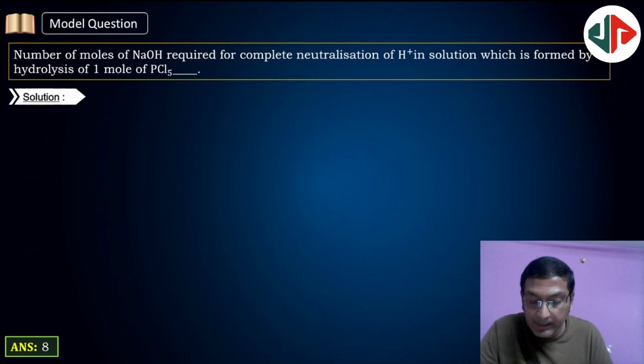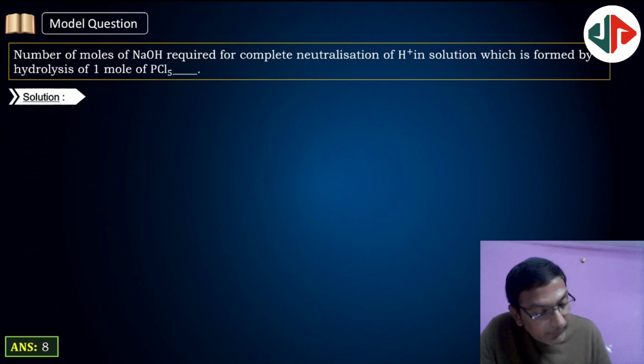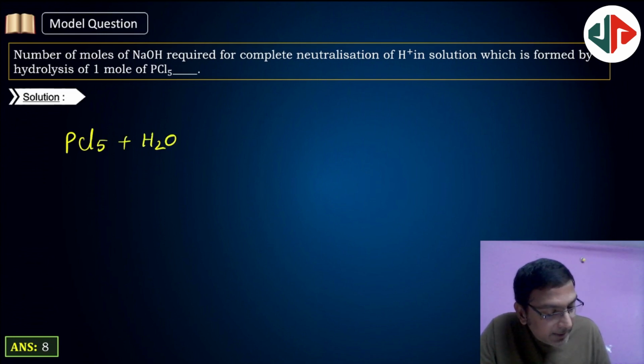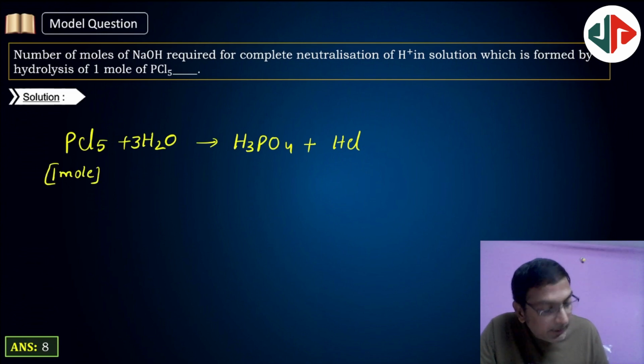First I will write the hydrolysis. 1 mole of PCl5 undergoes hydrolysis to form H3PO4 plus HCl. After balancing, here 1 mole gives here 1 mole and here 5 moles.